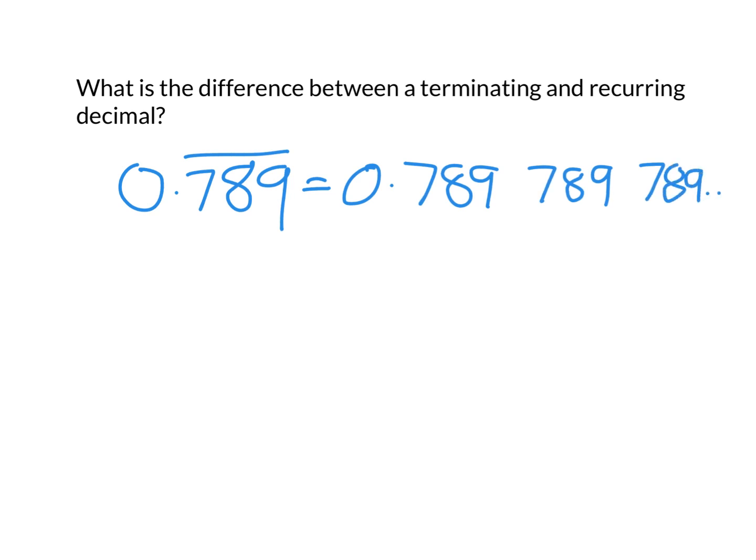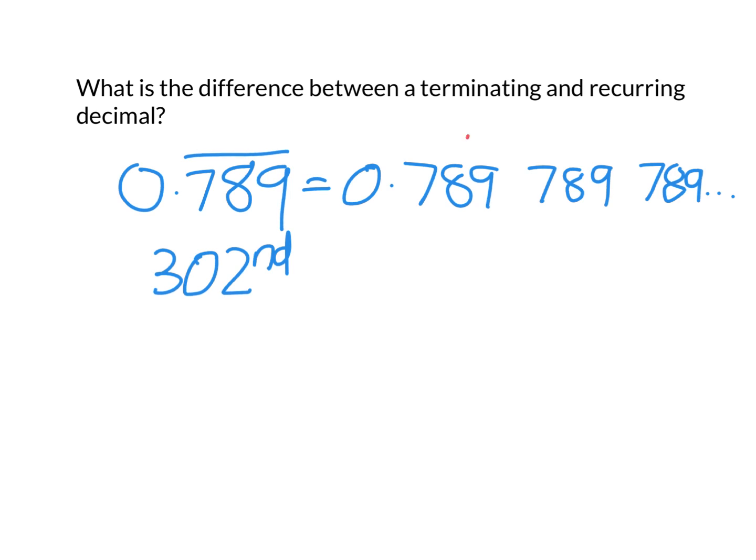So for a recurring decimal, we can calculate pretty easily which digit will occupy any decimal place. So for example, what would be the 302nd digit after the decimal place? Well, notice here that it repeats in threes.